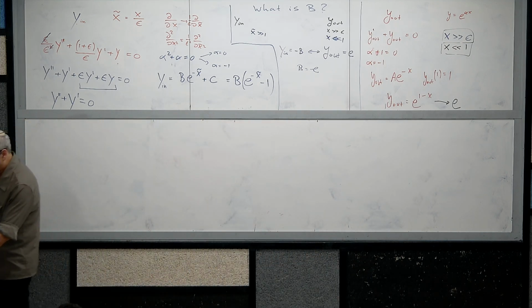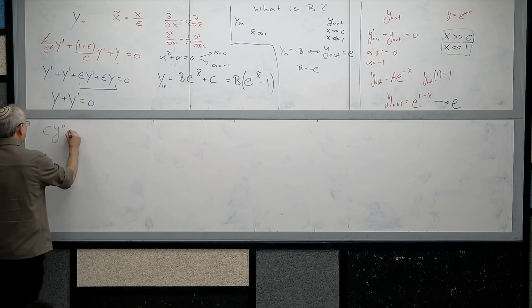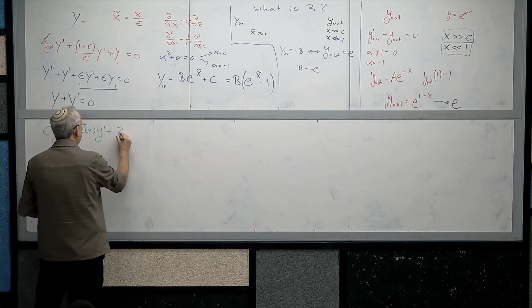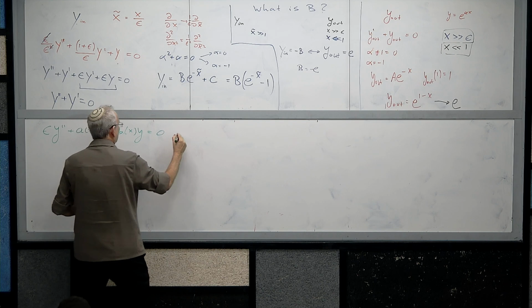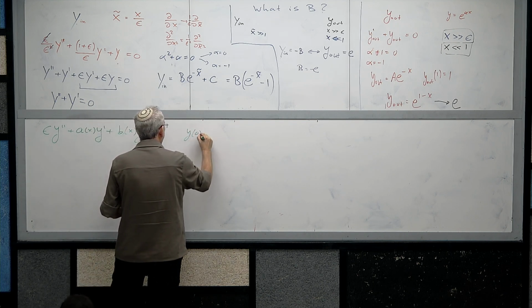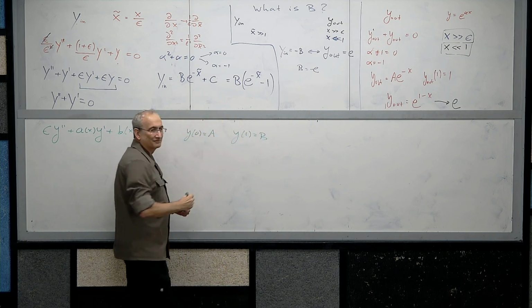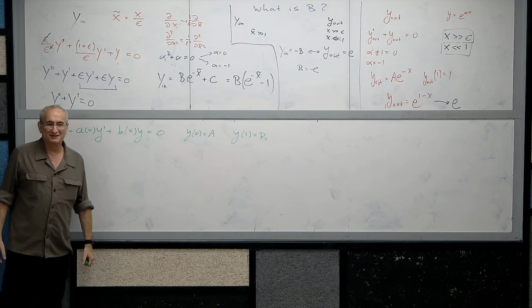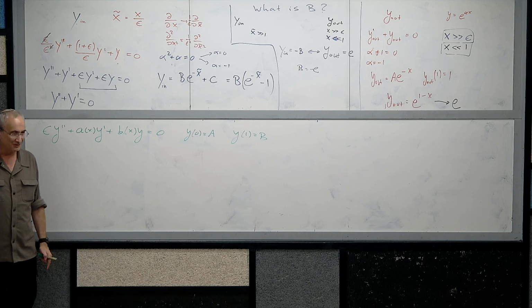Yes, and the problem is epsilon y double prime plus a of x y prime plus b of x y equals 0, where y of 0 is a and y of 1 is b. See, clearly this is the most generic second order equation, linear, homogeneous second order equation.